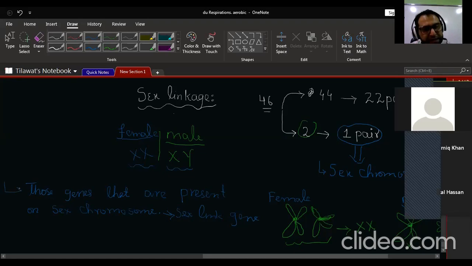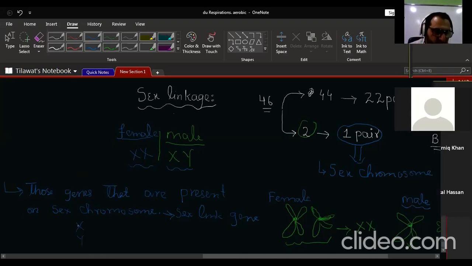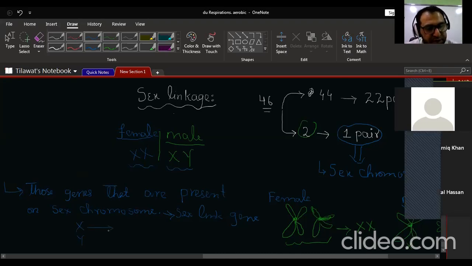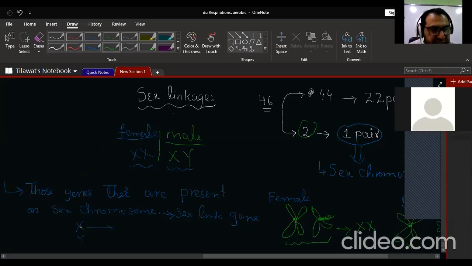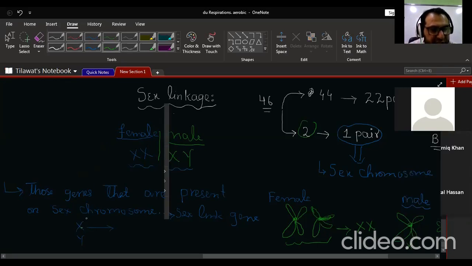Now, what are sex chromosomes? We discussed already. From here I know that if a gene is present on X or Y chromosome, those genes are called what? Sex-linked genes. Right? Now, let's suppose a gene is present on X chromosome, so that gene is sex-linked, but which sex-linked gene?